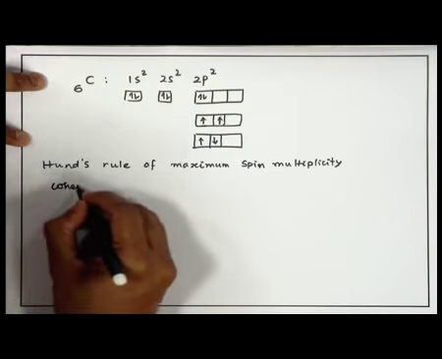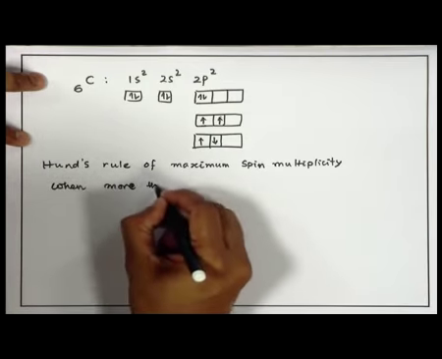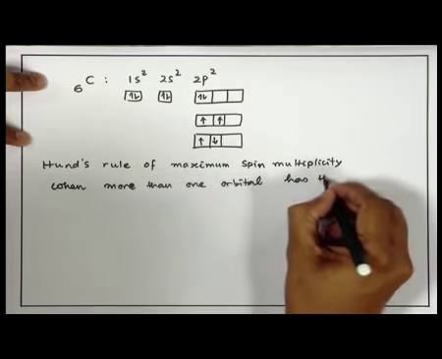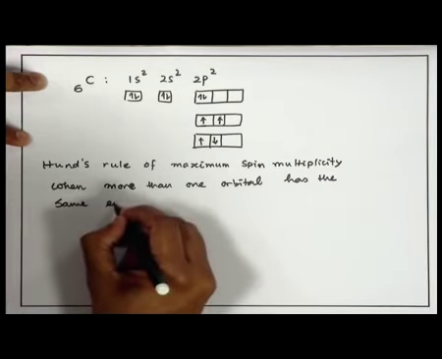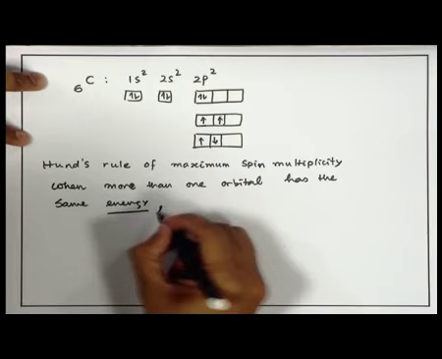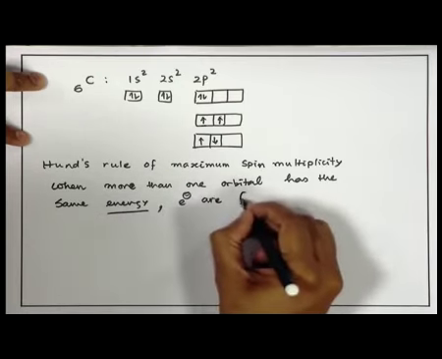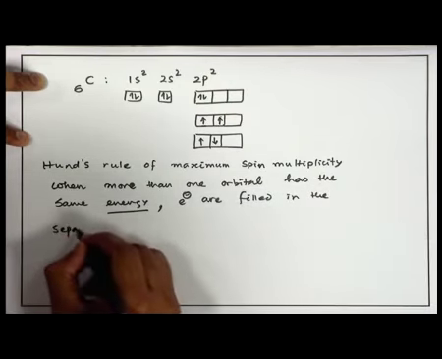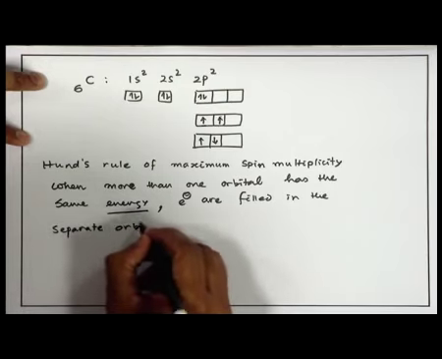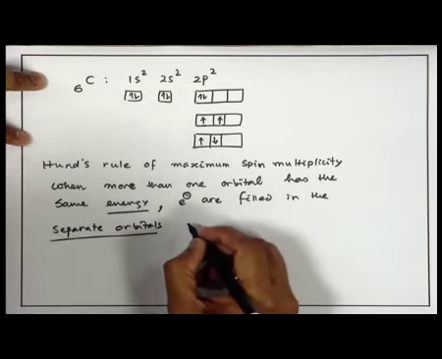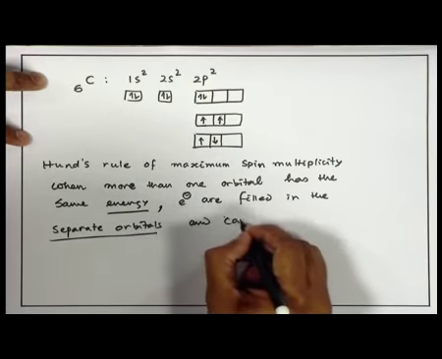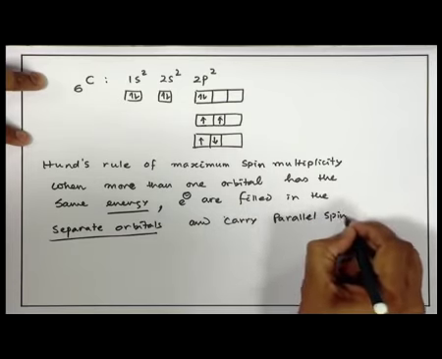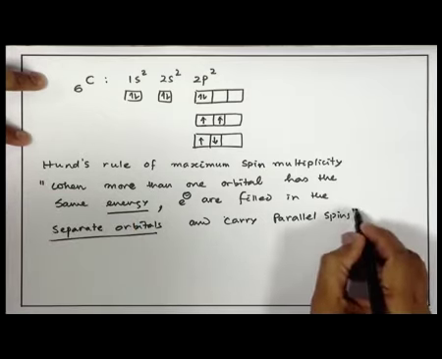It tells that when more than one orbital has the same energy, then electrons are filled in separate orbitals, and they carry parallel spin. This is what Hund's rule tells.